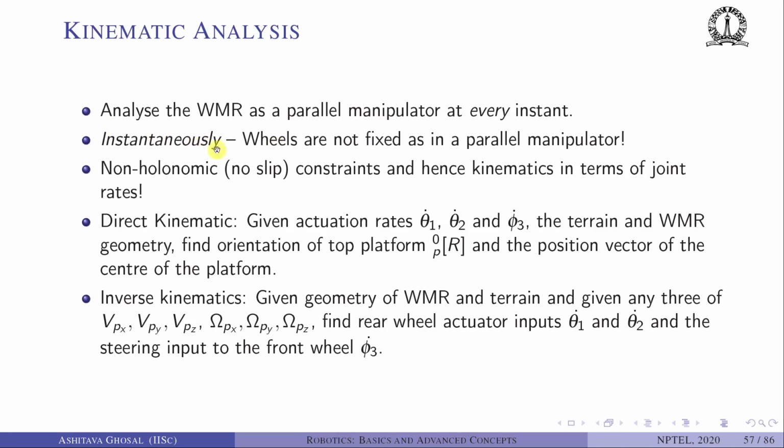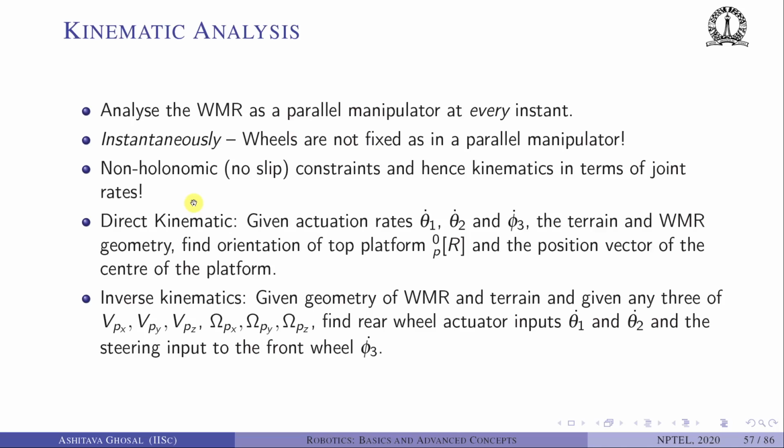We have non-holonomic, no-slip constraints, and hence the kinematics is in terms of joint rates. Remember, we have said Vx equal to 0, Vy equal to 0, and Vz is 0 because the wheels cannot lift off from the ground, from the contact points.